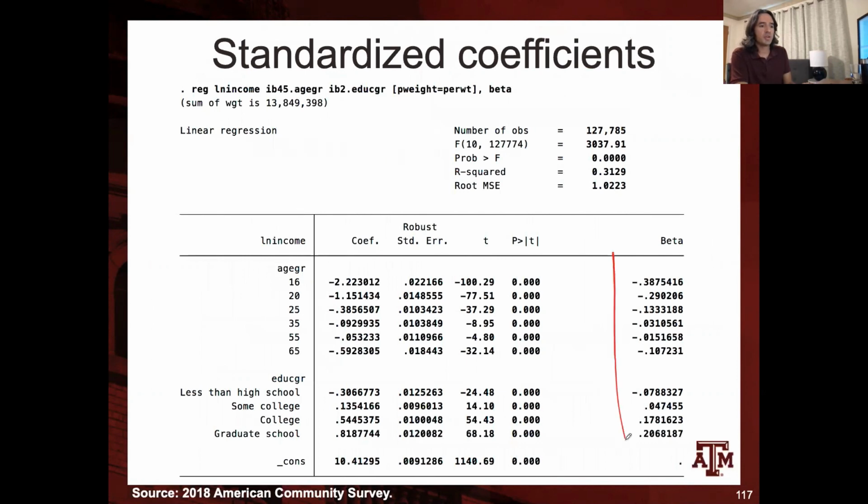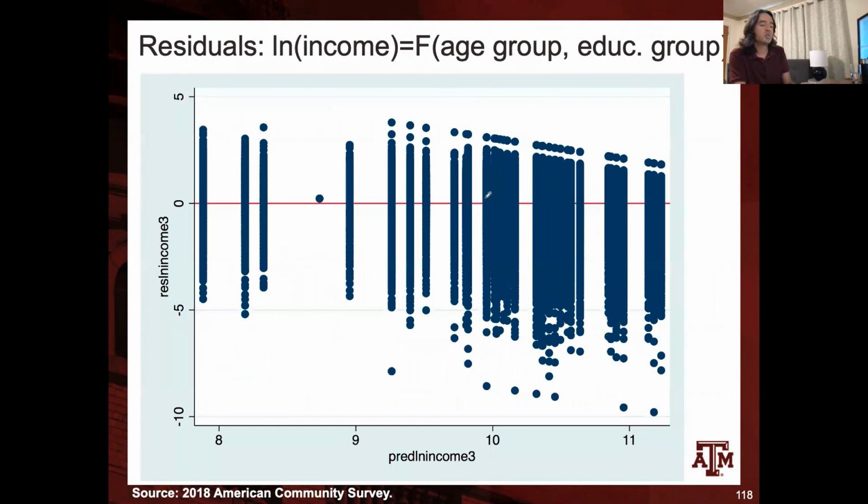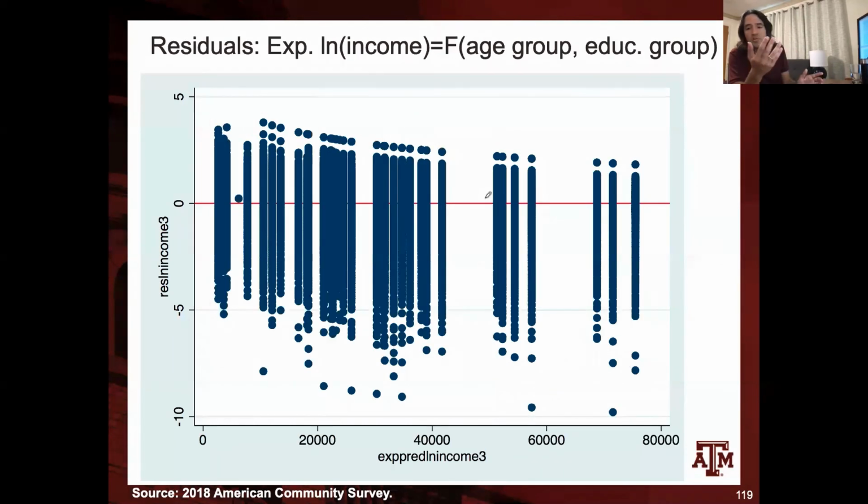We also have the coefficients. So we usually see here that in this case, specific subgroups have the higher magnitude. As soon as I have college or graduate school, I would tend to have much higher earnings in terms of magnitude. My residuals are a little better, but not perfect, still not homogeneous.